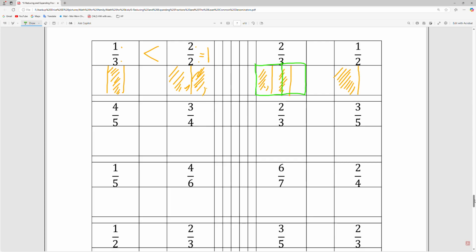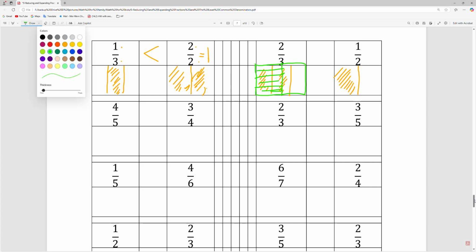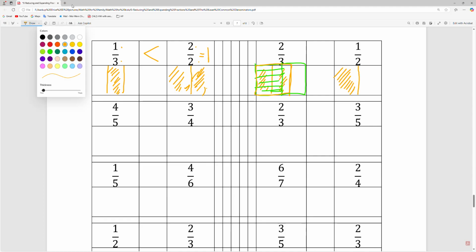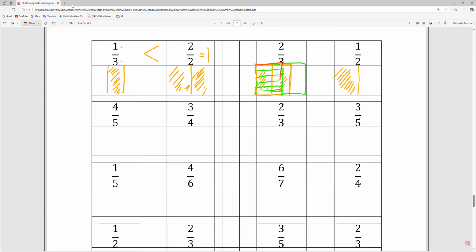So you cut in half, and this is 1/2, right? And the 2/3 is way bigger. You can see that 2/3 is here, and the 1/2 is only the green part. So obviously, 2/3 greater than 1/2.